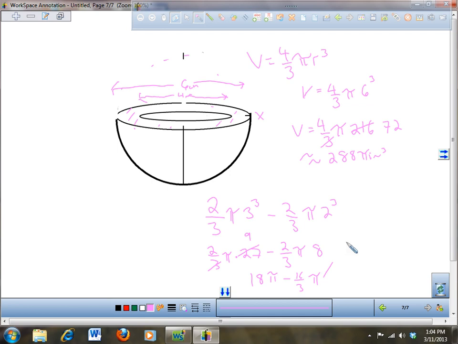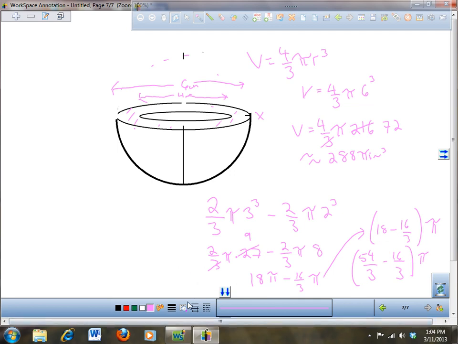If you want to write this as an exact answer, it's 18 minus 16/3 pi. How many thirds is 18? 54/3, a common denominator. 54/3 minus 16/3 equals 54 minus 16. What's that? 38. So 38/3 pi.